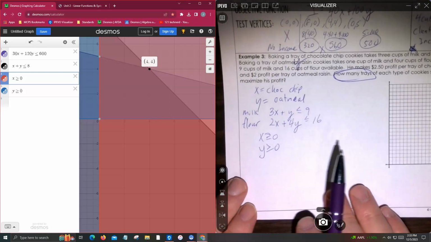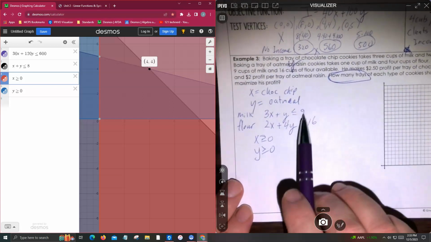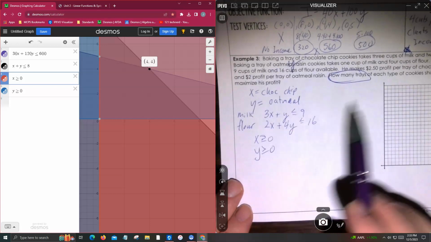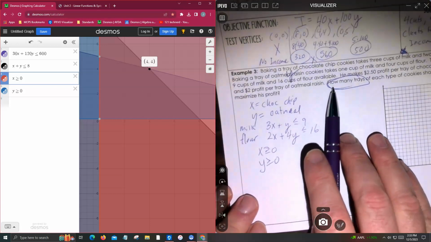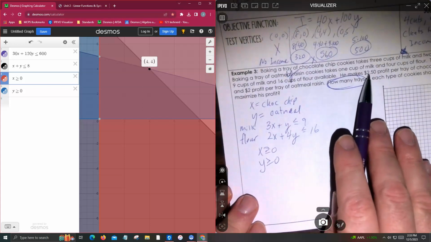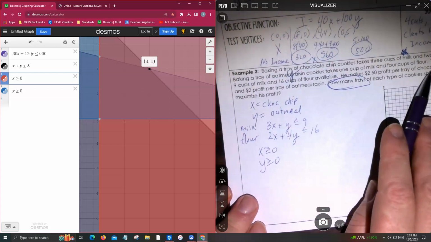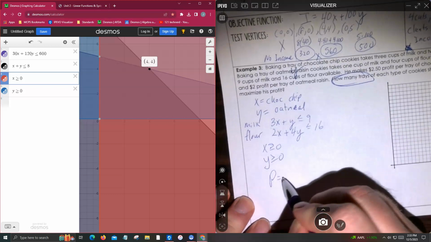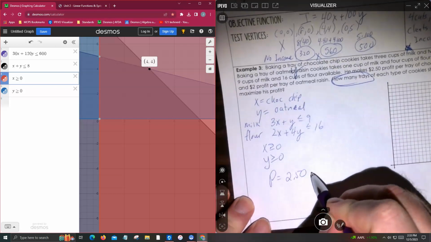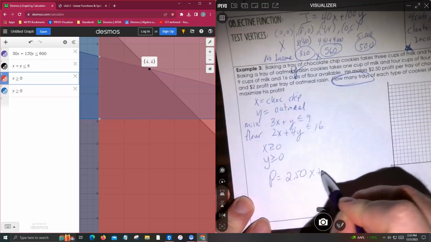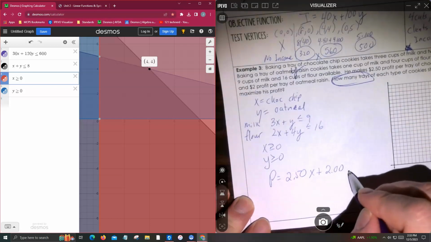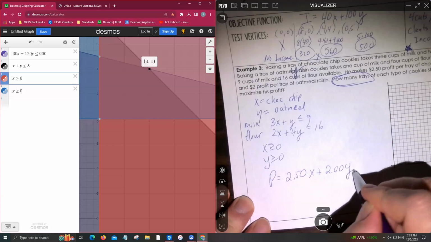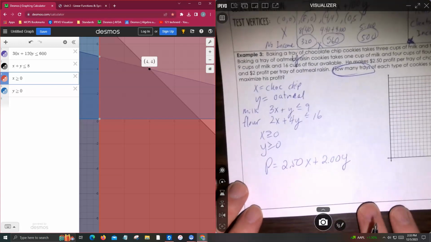All right, so then I plug all 4 of these things in, look at the picture. Again, we're talking about how much profit, so his profit is $2.50 for every chocolate chip, plus $2 for every oatmeal raisin, which is Y. That's my objective function.